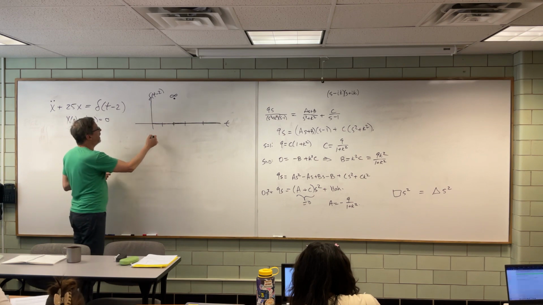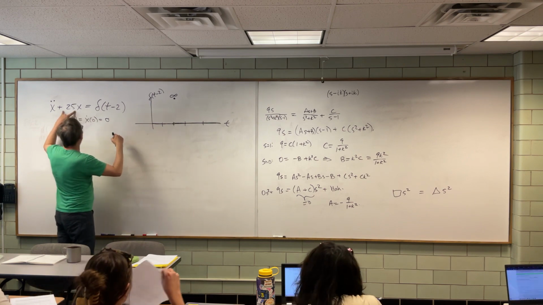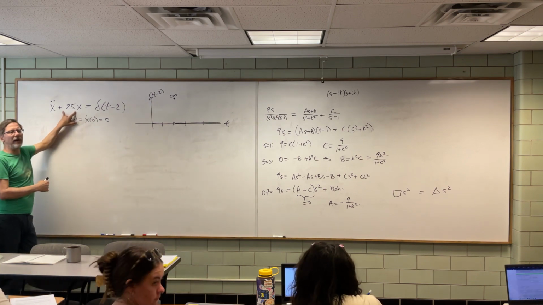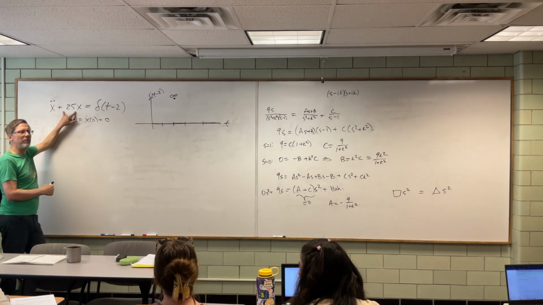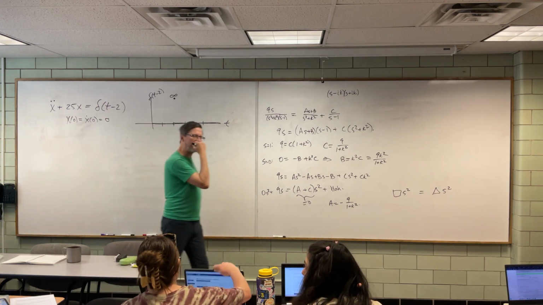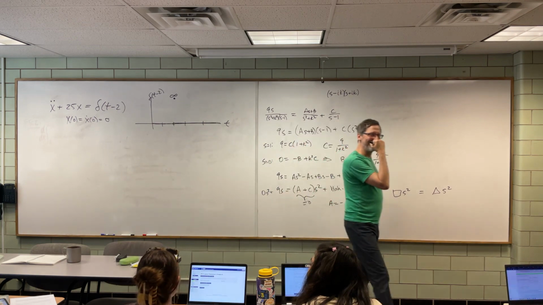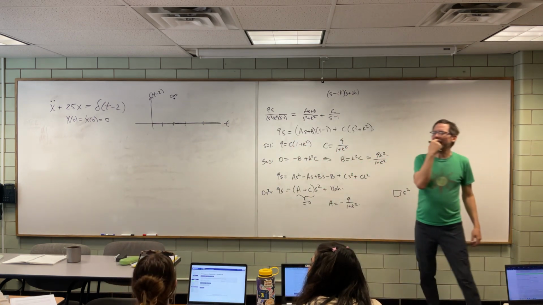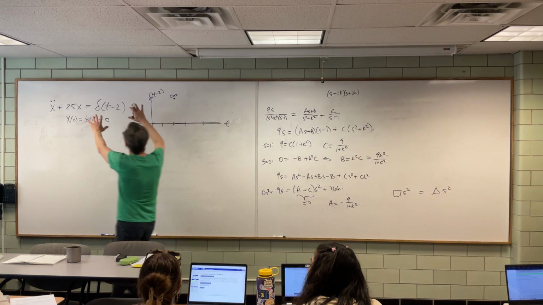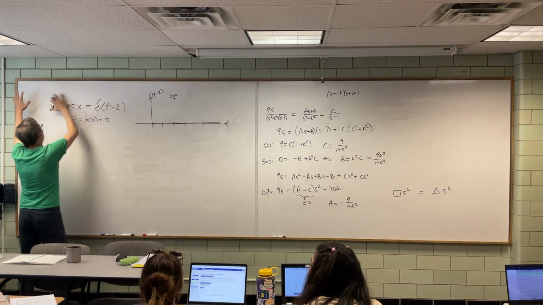So we've got a mass spring, and what would be the normal period of the solution without solving it? What's the period of this, if we just had the homogeneous part?